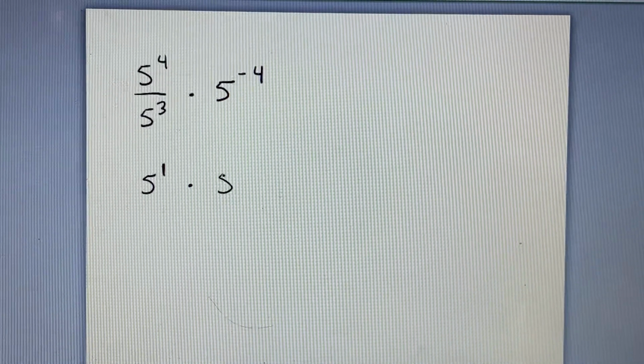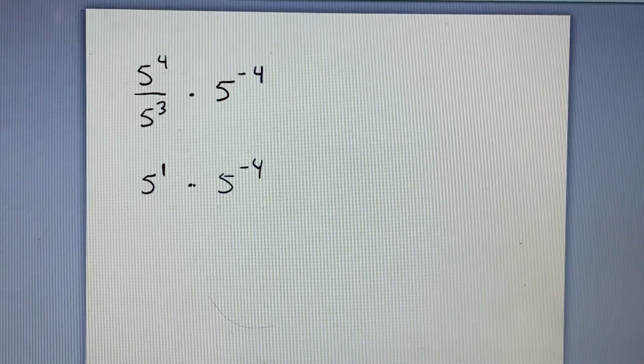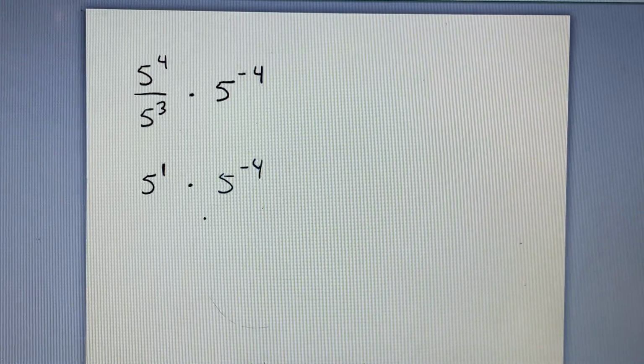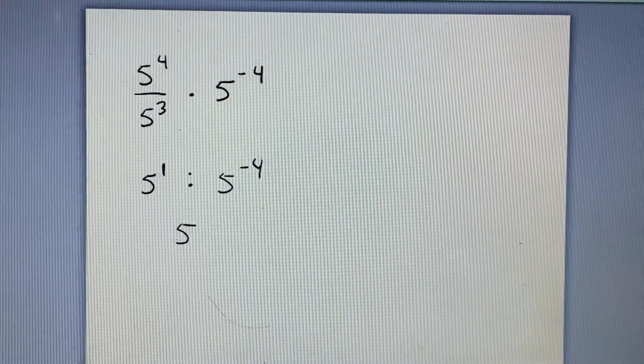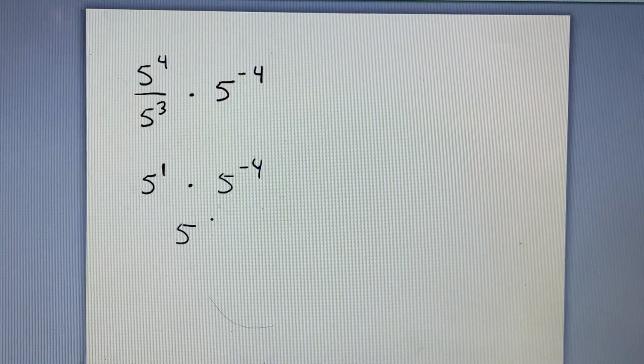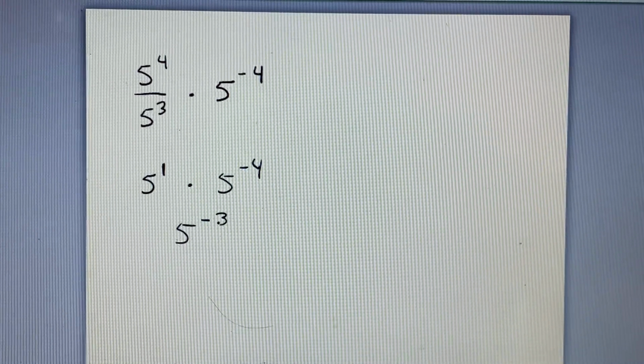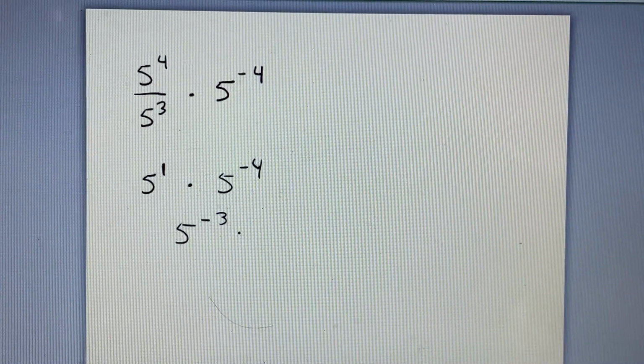This gives me 5 to the negative 4th rewritten. I have the same base and I'm multiplying, so I can add my exponents. Keep my 5. I have 4 negatives, 1 positive. Add those together, you have more negative, and that is 3 more negatives. So that is your answer as a negative exponent.